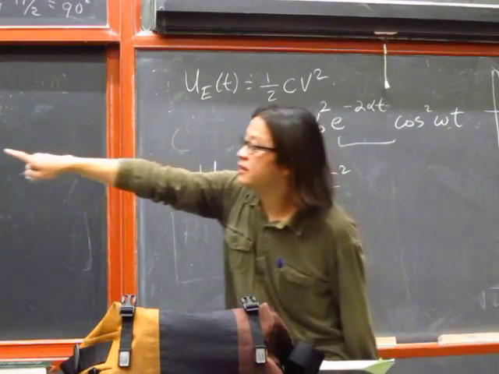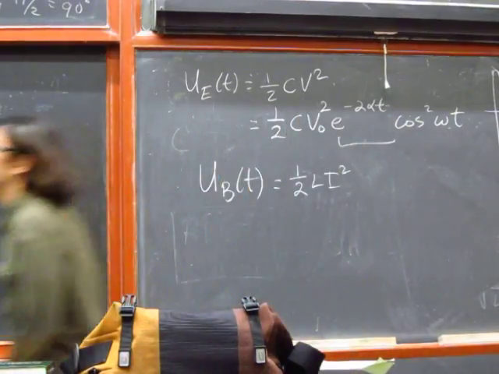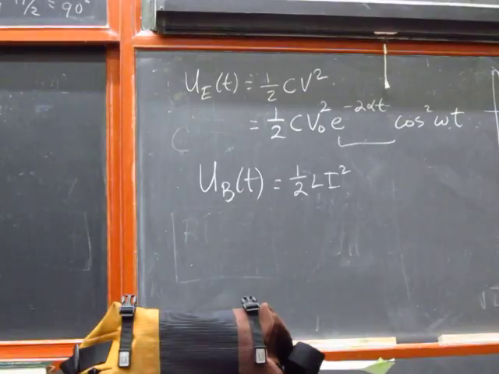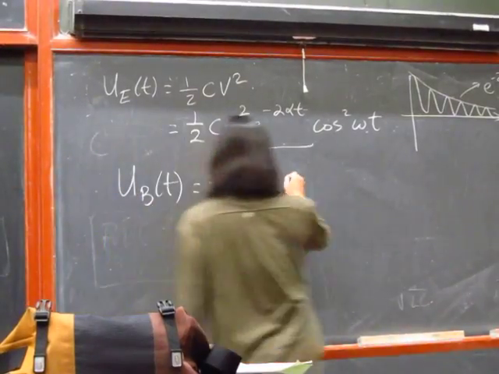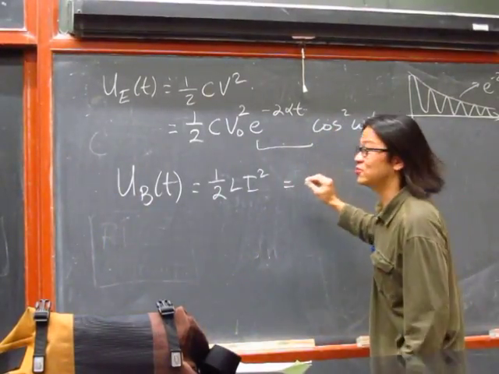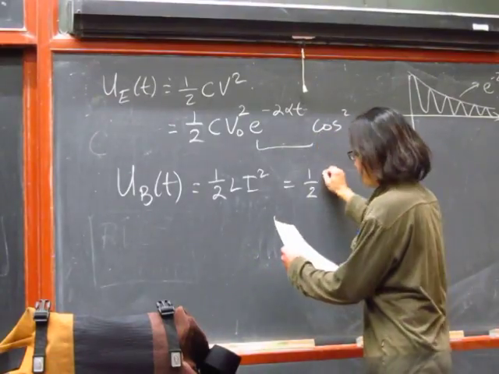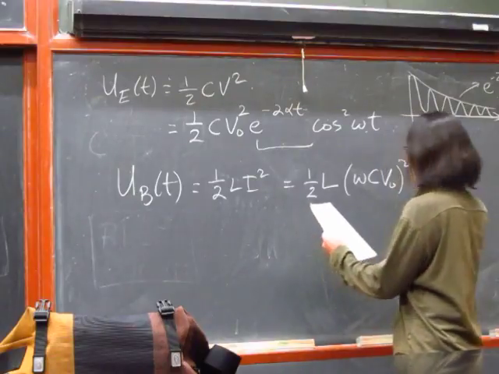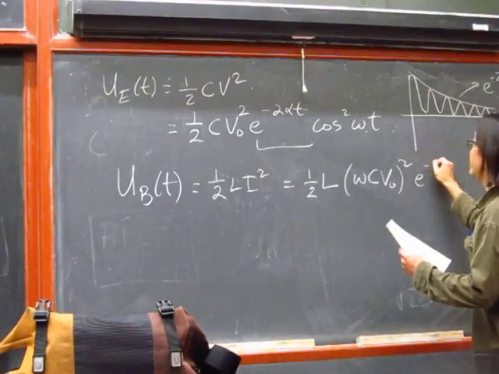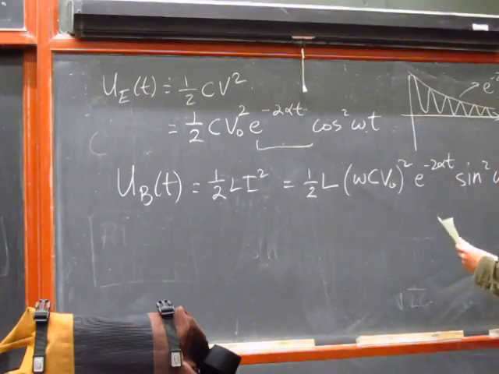Substituting the formula for the current, and after running all the approximation, maybe I should do one step of the algebra, you will find 1/2 L omega squared C V naught squared e to the minus 2 alpha t sine squared omega t.